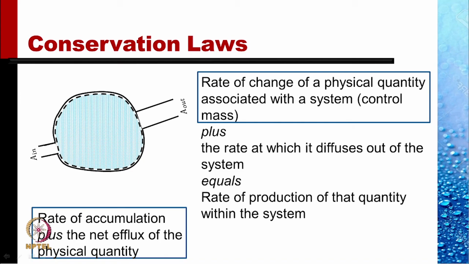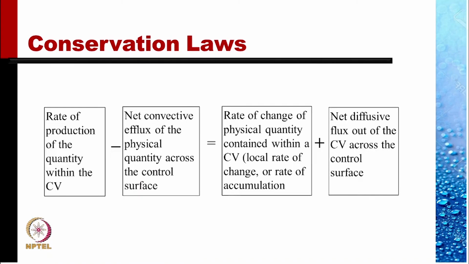And this, we can write like this: the rate of production of the quantity within the control volume minus the net convective efflux of physical quantity across the control surface is equal to the rate of change of physical quantity contained within the control volume. This is the local rate of change or the rate of accumulation plus the net diffusive flux of the control volume across the control surface.